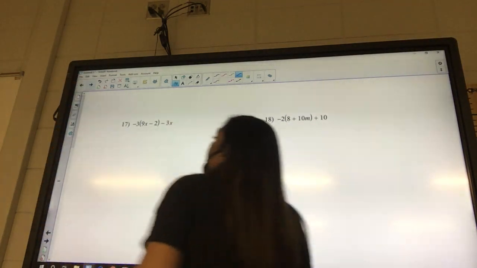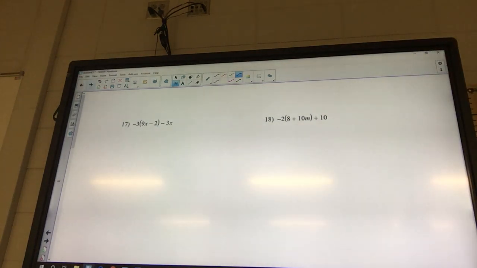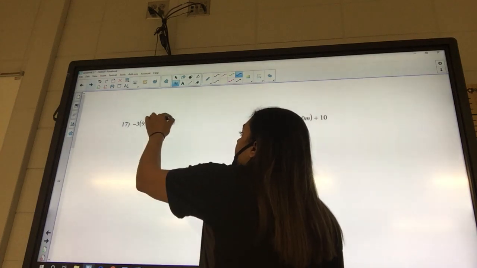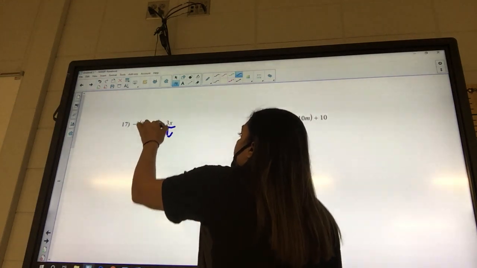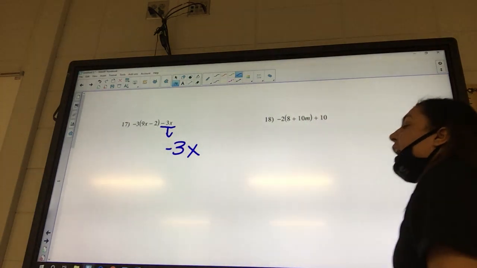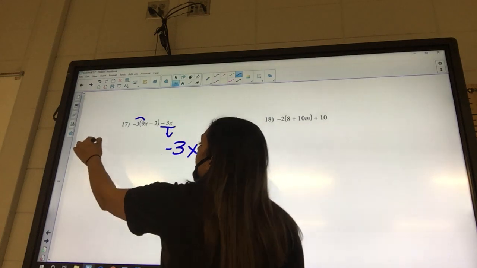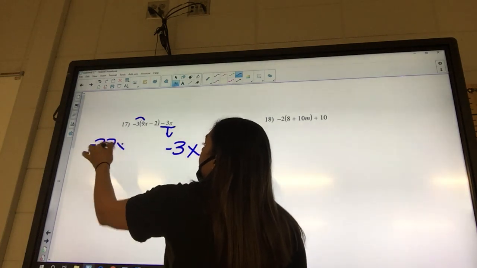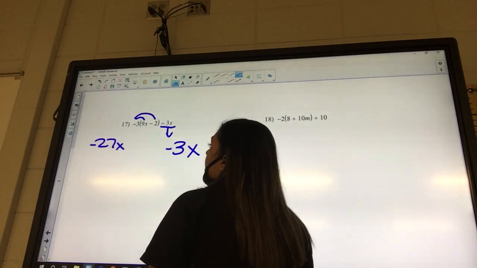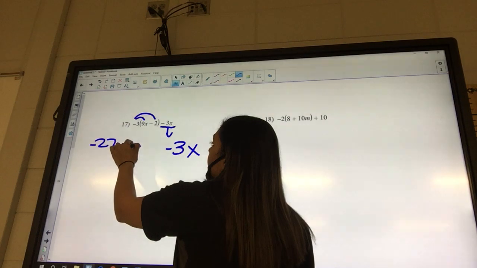Okay, look at 17. What gets dropped down? Negative 3x. Yeah, so this negative 3x gets dropped down. So negative 3 times 9x equals negative 27x. Negative 3 times a negative 2. What's a negative times a negative? Positive. So 3 times 2, 6.